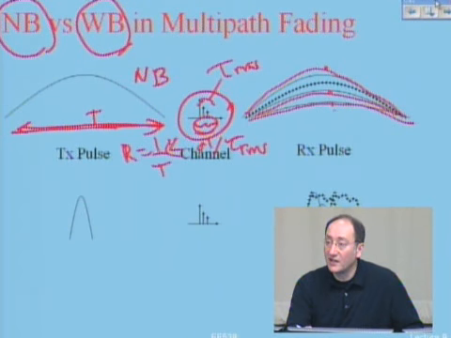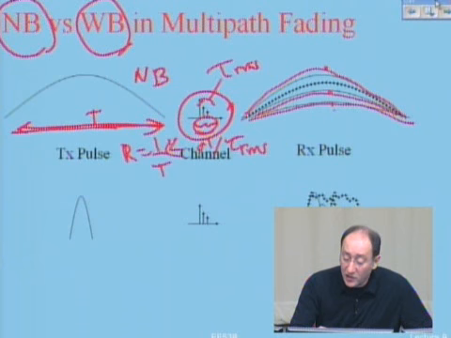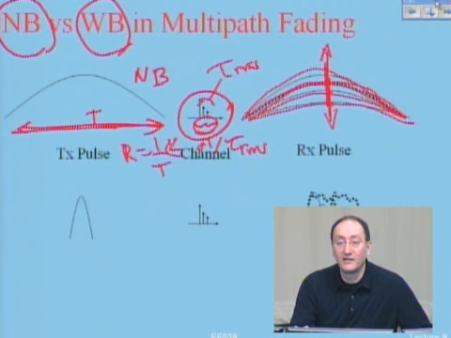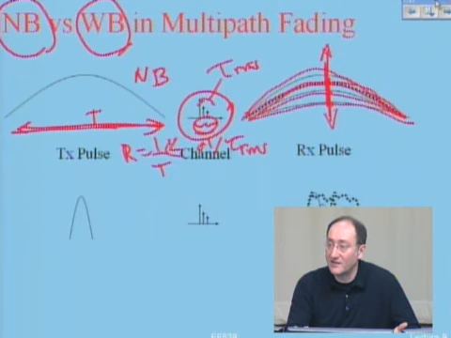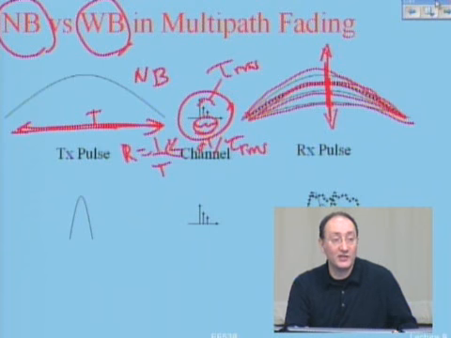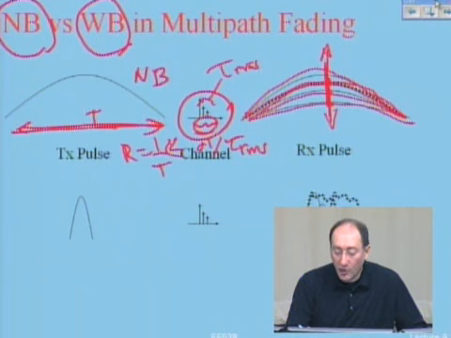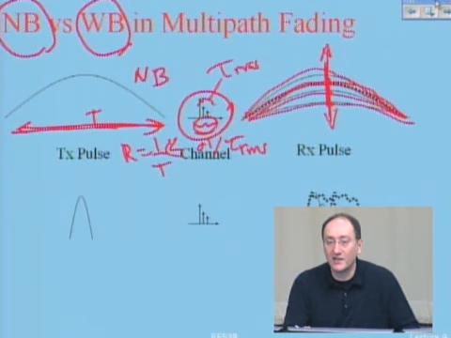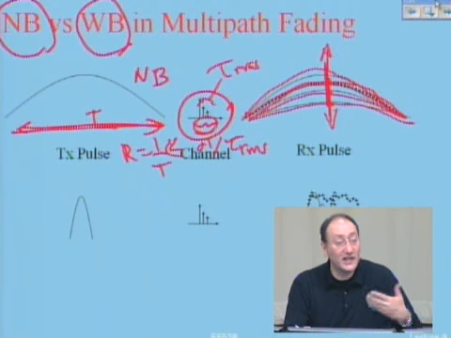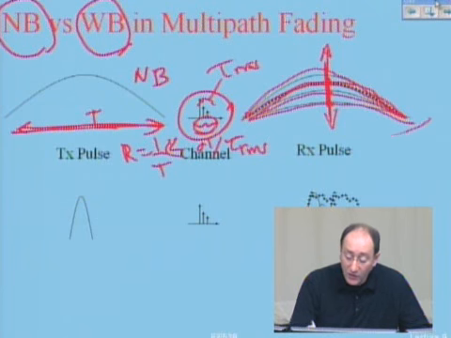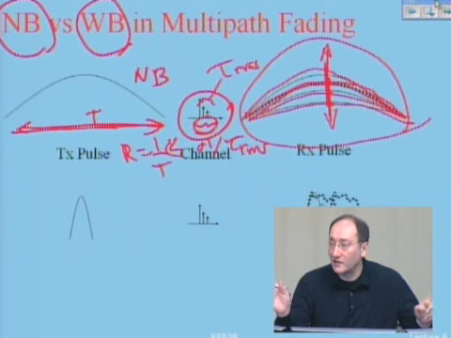And they add together, and I have a pulse shape which is the same as what was transmitted, but the amplitude of this pulse shape is going to change, go up and down, depending on the phase of the received paths. Okay? This is narrowband communication. So the only thing that I have is the so-called flat fading. And my pulse shape is the same, just the amplitude changes up and down. Okay? That was narrowband communication. We discussed this last time, and we said that if you want to create diversity for that, you put 2 antennas away from one another.